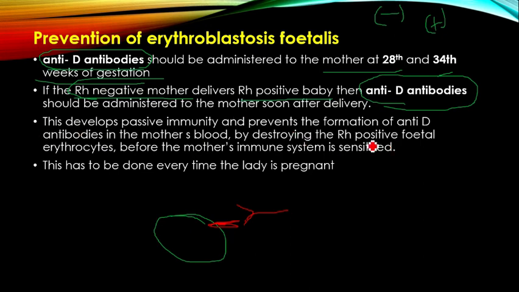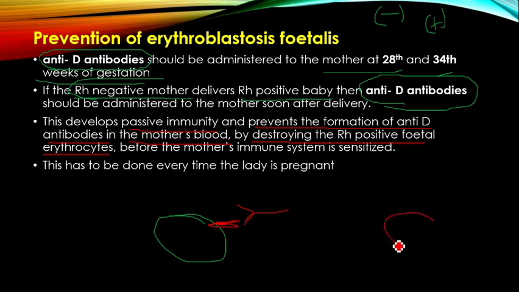Hence there is a development of passive immunity in the mother, which prevents the formation of anti-D antibodies in the mother's blood. What will these anti-D antibodies do? They destroy the Rh positive fetal erythrocytes.